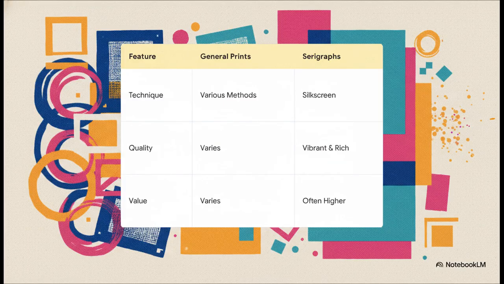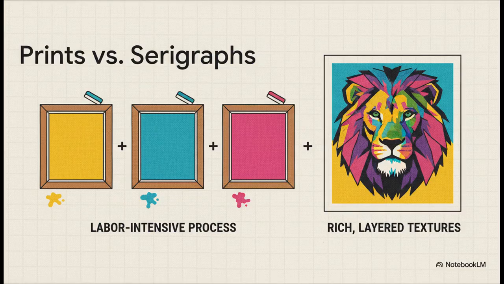Let's look at another example from the art world, just to drive this home. Let's compare a standard digital print to something called a serigraph, which you might know as a silkscreen print. You'll see that, just like the difference between a raster and a vector file, the process here fundamentally changes the outcome, the quality, and even the value of the final piece. See, a serigraph is a very hands-on, labor-intensive process.